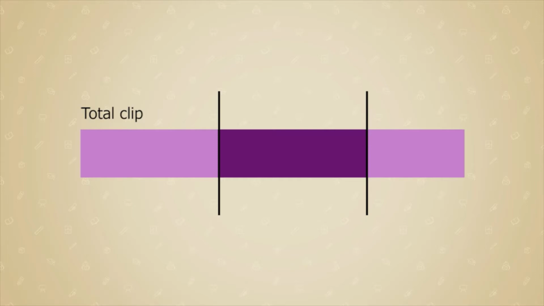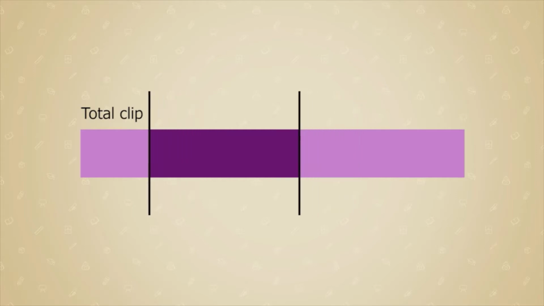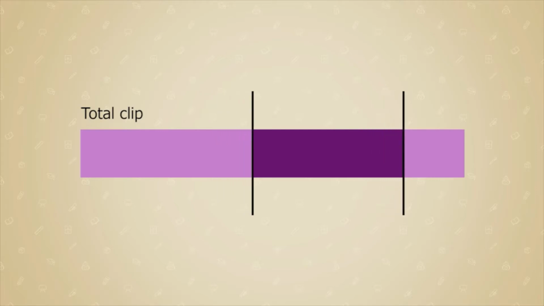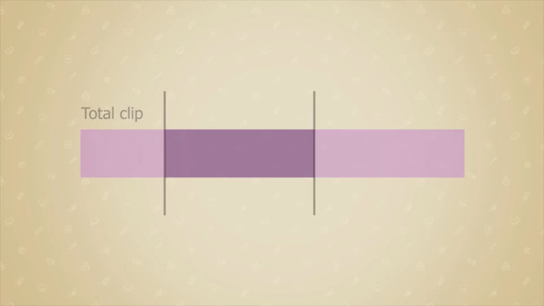Since that information is still there, we can make it appear anytime. And with the slip tool, we can move this selection. So as you can see, the clip length stays. But now in this case, the clip will start and end earlier.